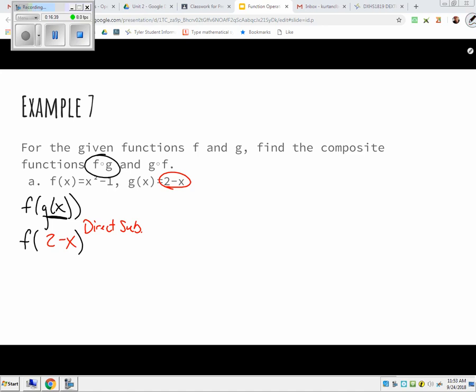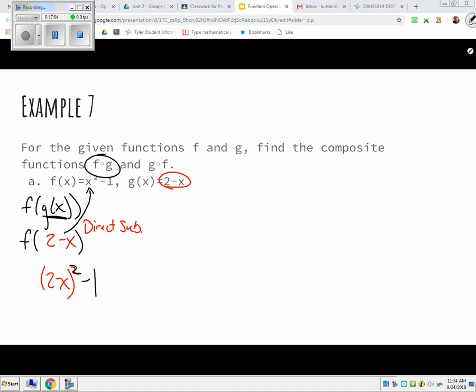So this works a lot like what we have been doing. We have f of a plus h, and we had to plug it in for f. This time, I'm going to take this 2 minus x, and I'm going to plug that in to this x on my f function. So (2 minus x) squared minus 1.